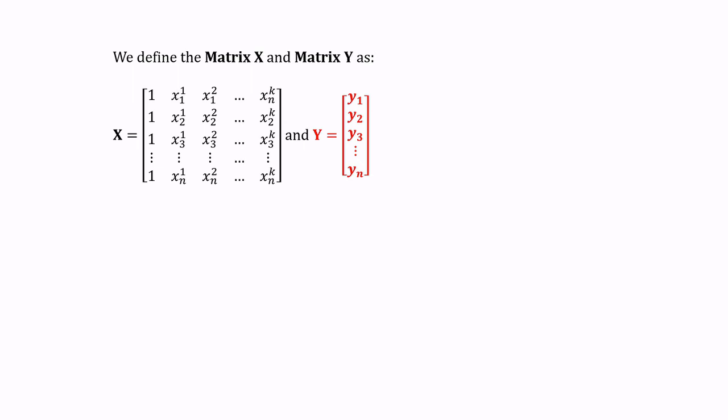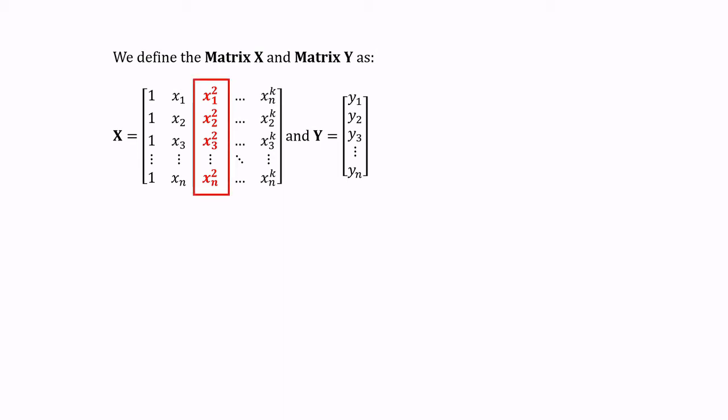Here, all first column elements of matrix X are equal to 1. Next, the second column of matrix X is the list of the independent variable x to the power of 1. The third column of matrix X is the list of the independent variable x to the power of 2.